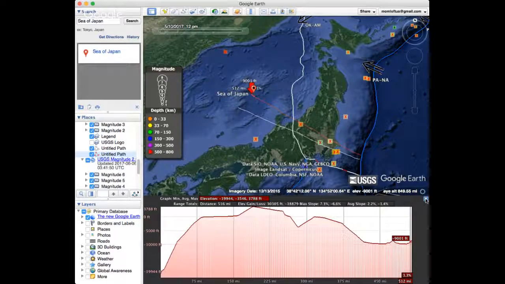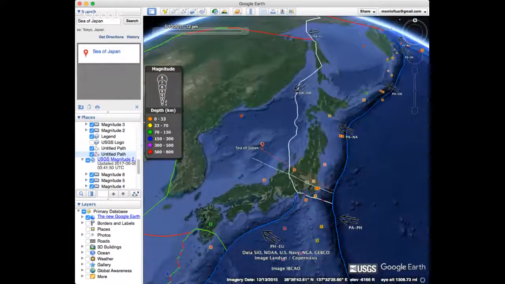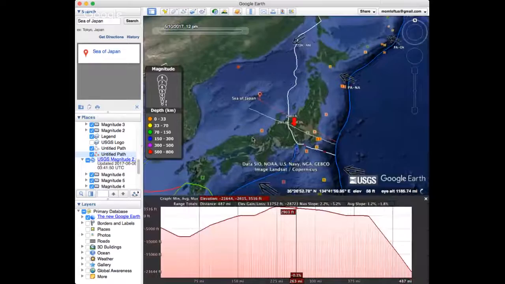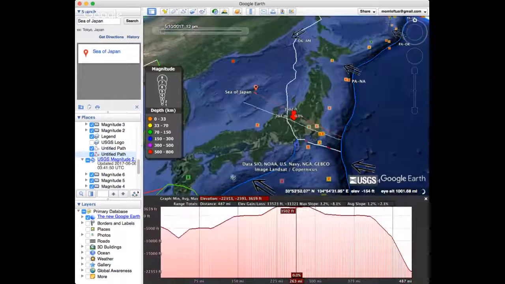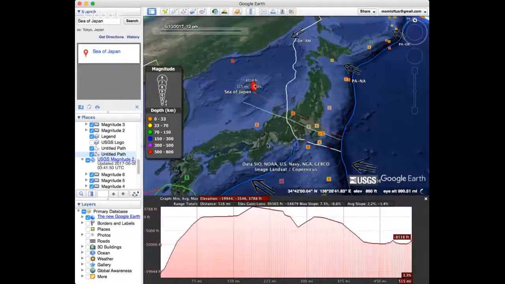If I switch and look at the white one, I kind of like the way the red one looks better. Okay, then let's go back to the red one. The computer guru has spoken.